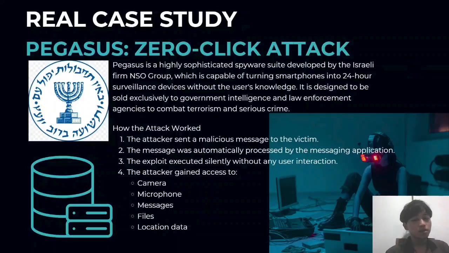How does the attack work? The attacker sends a malicious message to the victim. The message is automatically processed by the messaging application. The exploit executes silently without any user interaction. The attacker could gain access to the victim's camera, microphone, messages, files, and location data.